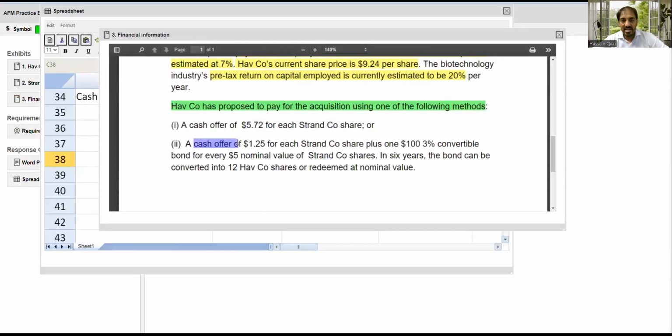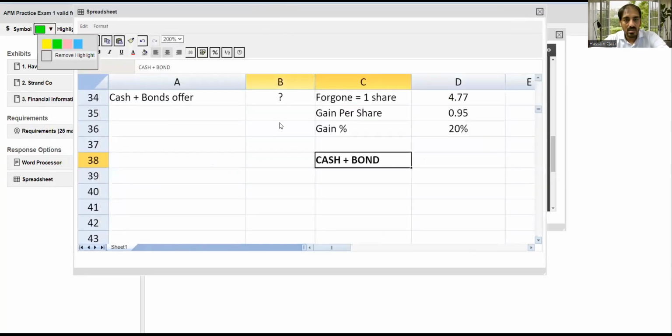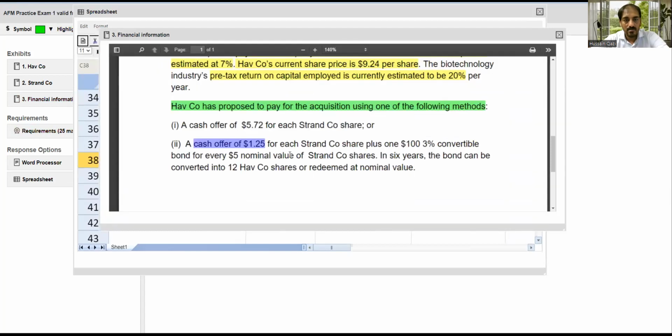Cash plus bond means here a cash offer of 1.25 for each Strand Company share, plus $100 value of 3% convertible bond for every $5 nominal value of Strand shares.